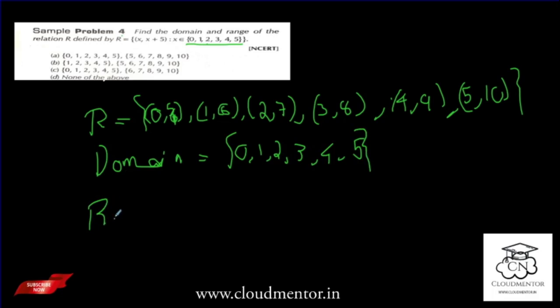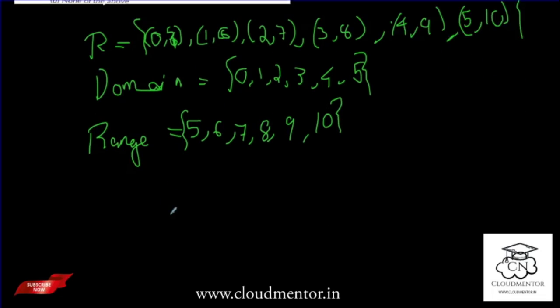Now the range will be the second elements, so here the set {5, 6, 7, 8, 9, 10}.